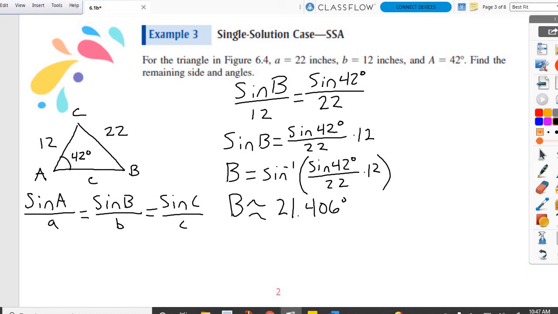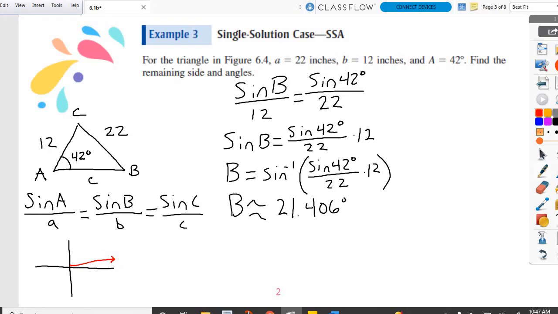So now, how many options did I say that there could be for B? Two, right? Because we took sine inverse of something that was positive. Remember that sine is positive in our first and our second quadrant. So basically what we're looking at is we have an angle of 21.406.